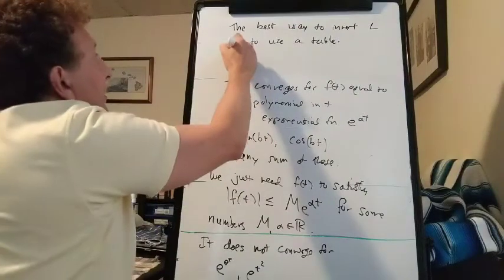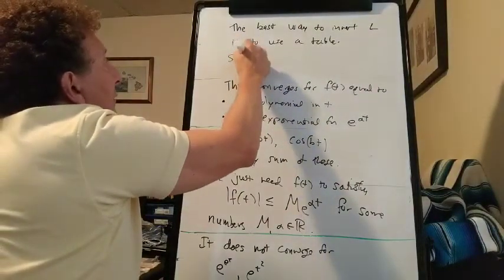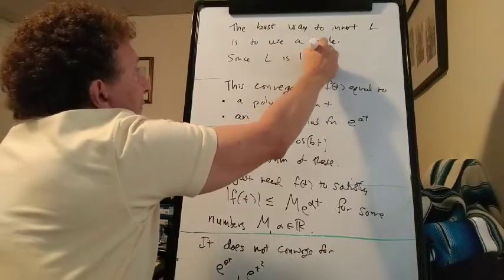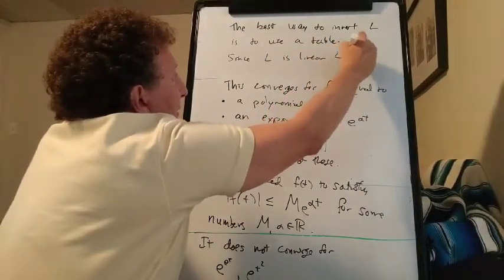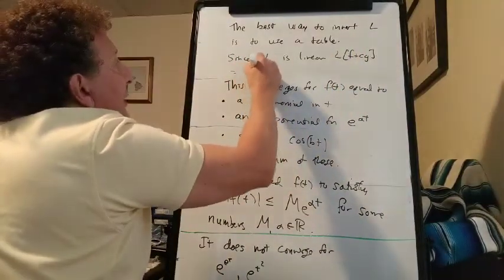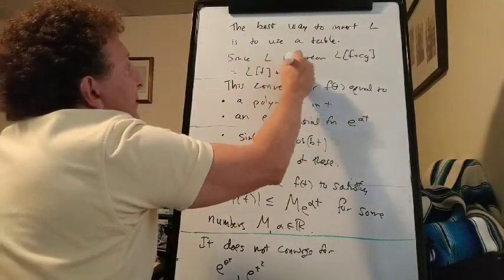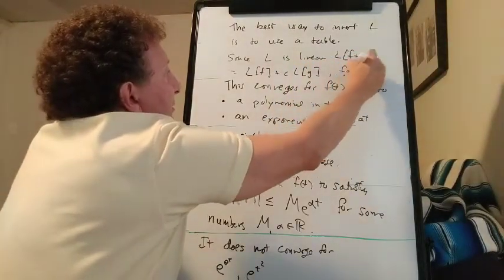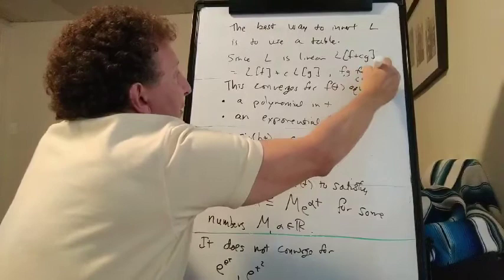Now, first of all, since L is linear, that is L of f plus cg equals L of f plus c L of g for f and g functions and c a real number.